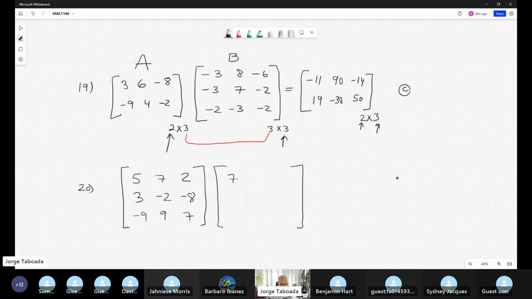And this is 7, negative 5 again, 3, 4, minus 3, 8, minus 3, and 2. You see clearly that each matrix is square, 3 by 3. My question is: is it possible to do the multiplication? Yes or no? Possible or impossible?